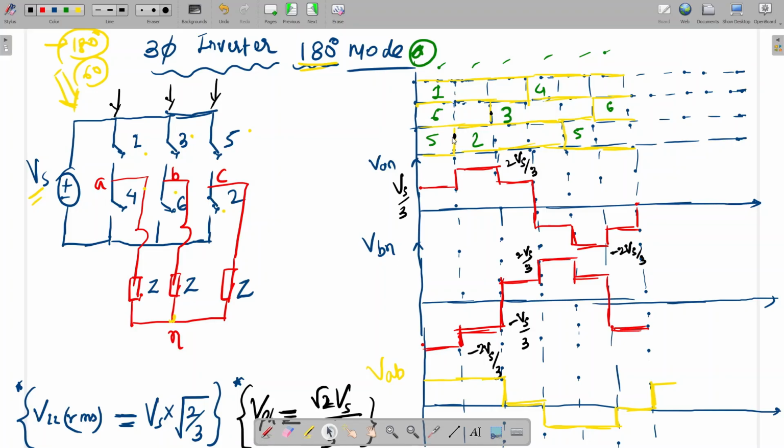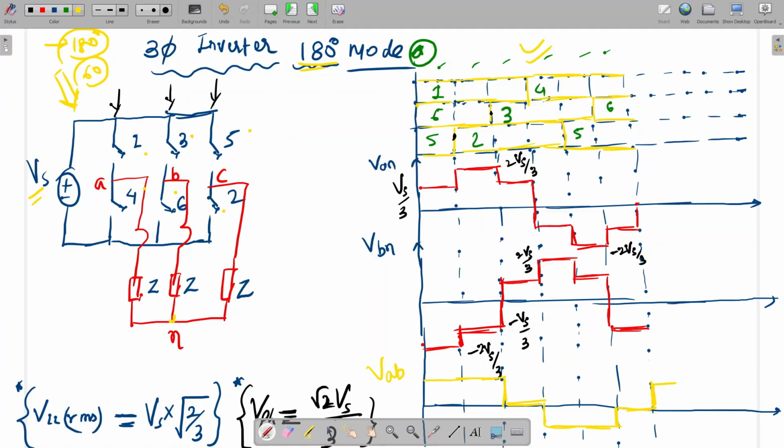So after 1, 2 and 3, after 60 degrees 4, after 60 degrees 5, after 60 degrees 6. Is it clear? This timing diagram is the way we can remember the switching sequence for the 180-degree conduction mode.